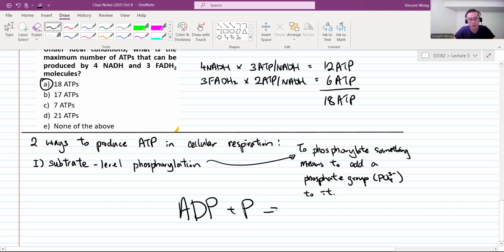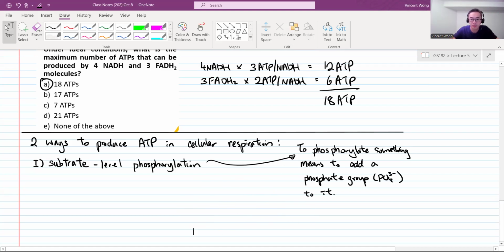What do you get in the end? ATP? Yeah, because ADP is diphosphate. We learned about this in lecture 4, believe it or not. And when you add the P on it, now we have 3 phosphates and we get back our ATP. So substrate level phosphorylation is about adding a phosphate to ADP, and in the process, we generate ATP. And this is how it's done.